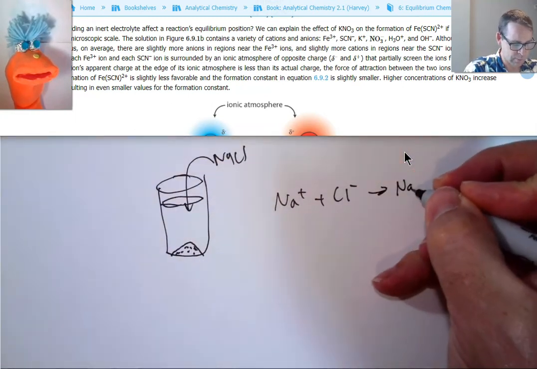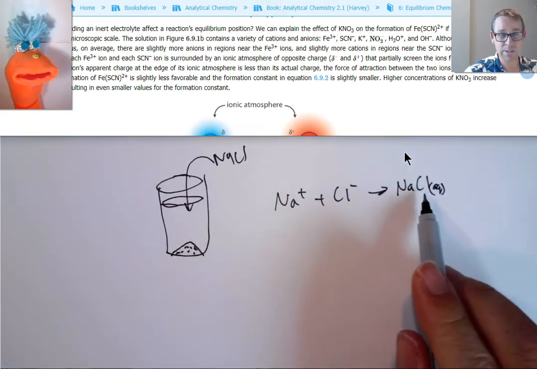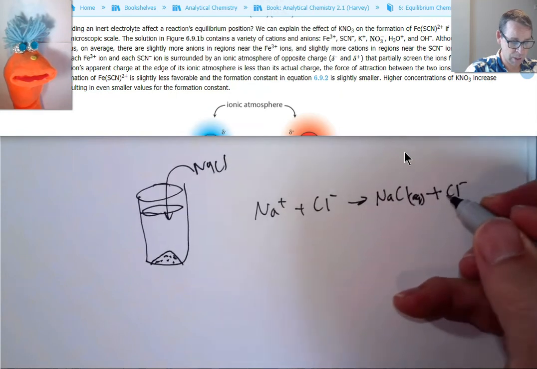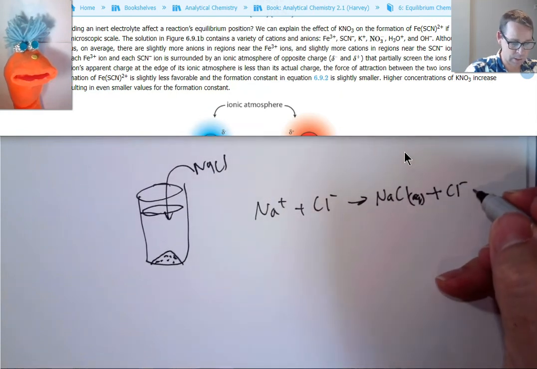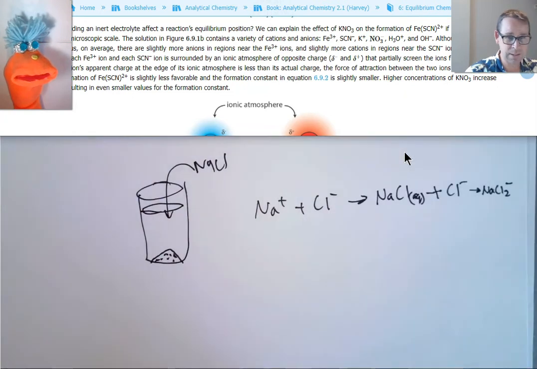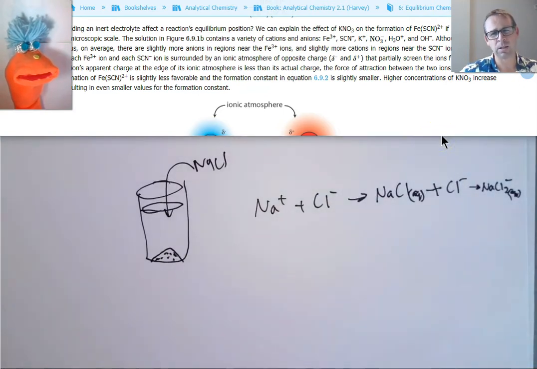So you have some of this species, units like this, and then these can interact with either positive or negatively charged ions and form NaCl2 minus, which is aqueous. All right.